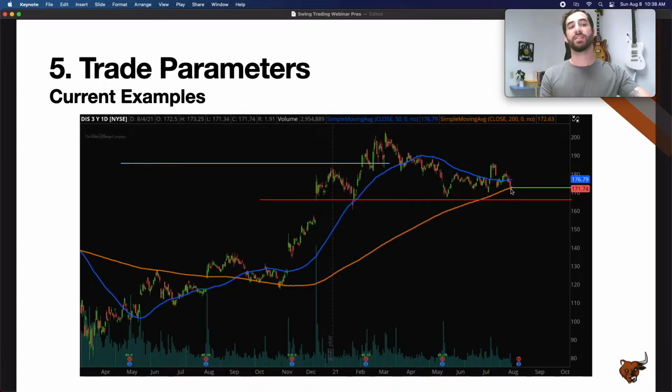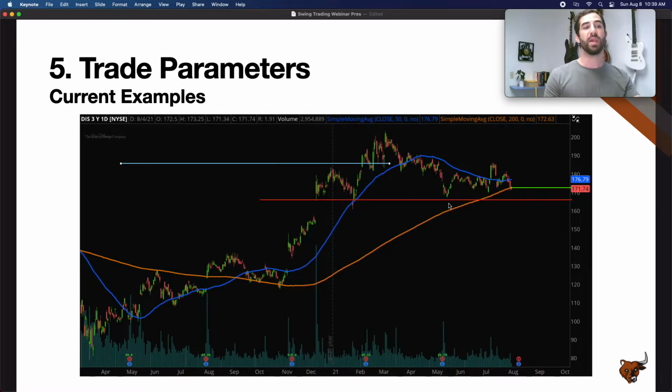So this is a 200 MA setup, but are there chances that this breaks down and touches this level before continuing up? Yes. Is it going to do that? I do not know. That's why we're going to set these trade parameters, and you're going to see in the end it makes all the sense in the world, and the risk-reward ratio is going to be skewed in our favor.